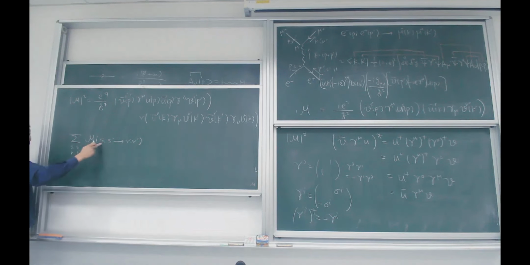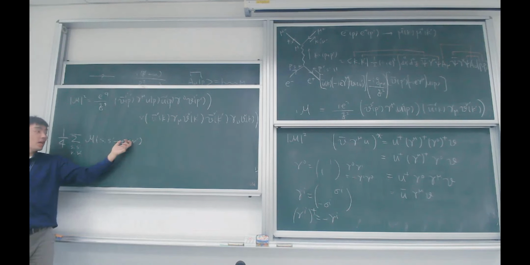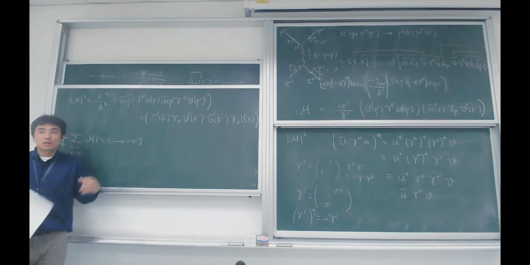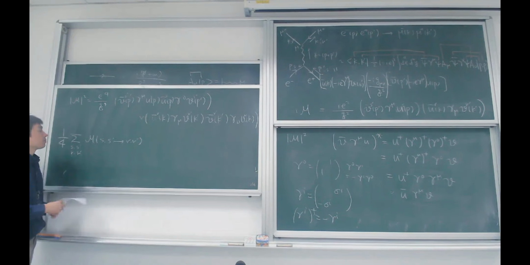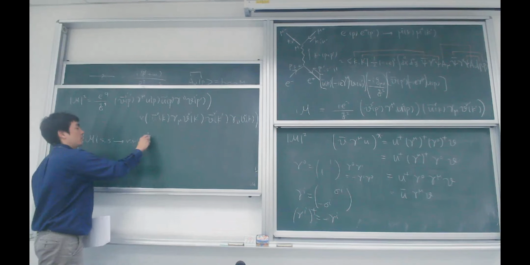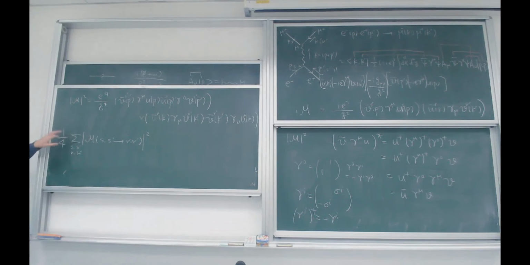And for the initial state, you can just average over the spin polarization, and for the final state, you cannot measure the spin polarization, so we usually ignore it. So you just sum over all possible states. Okay. So this factor is just the average over the initial.